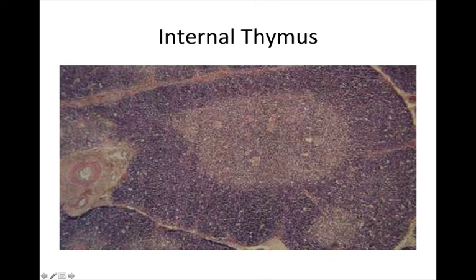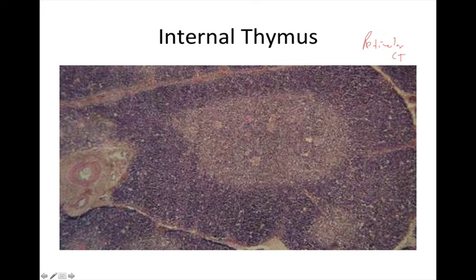All right, and then internally, when we take a look at the thymus, again, its inner stroma or framework is composed of reticular connective tissue, so reticular CT. Now let's talk about the functionality of this for a second.